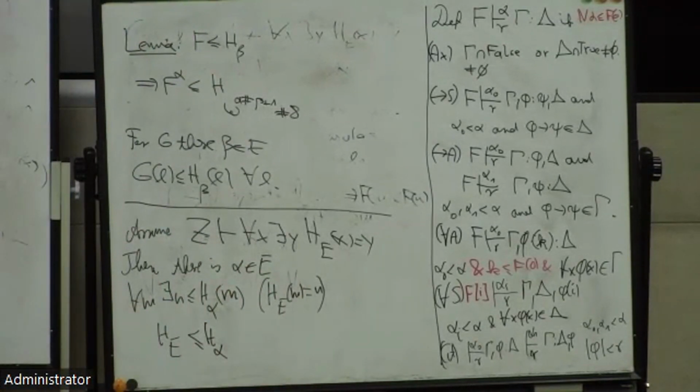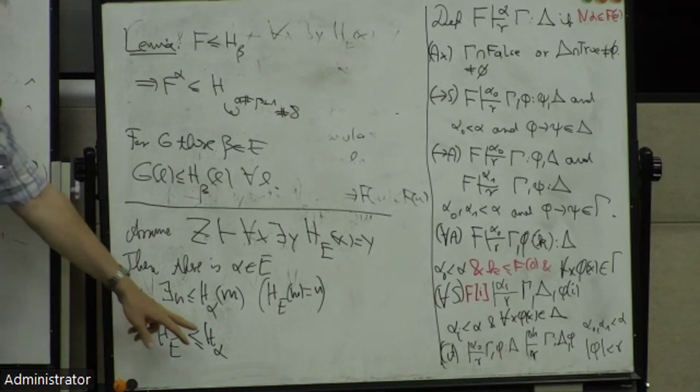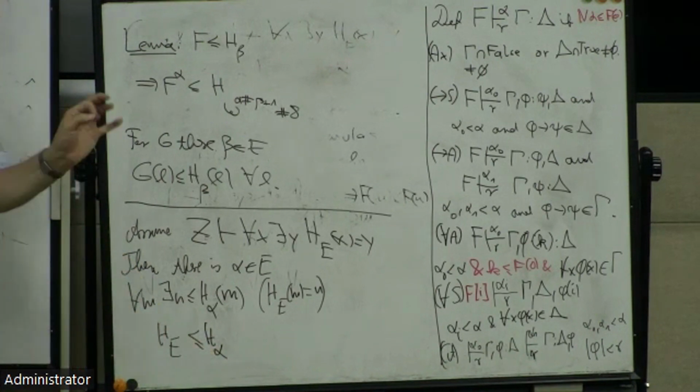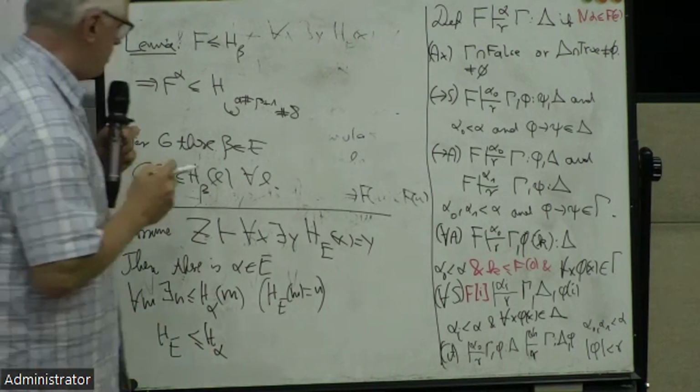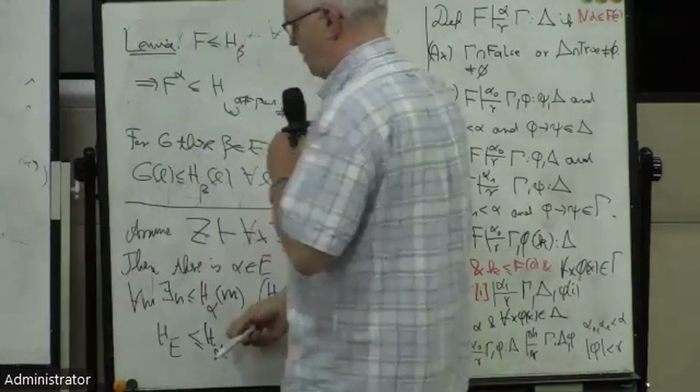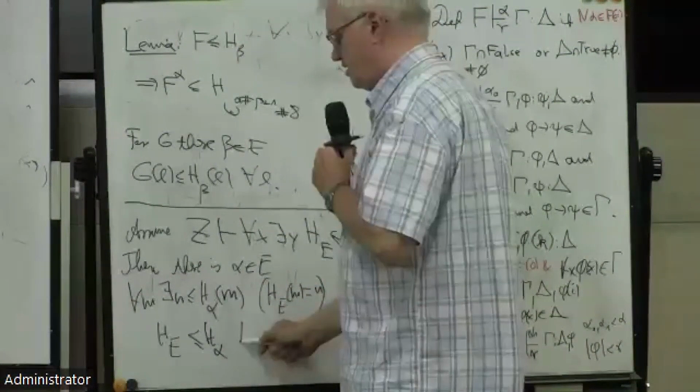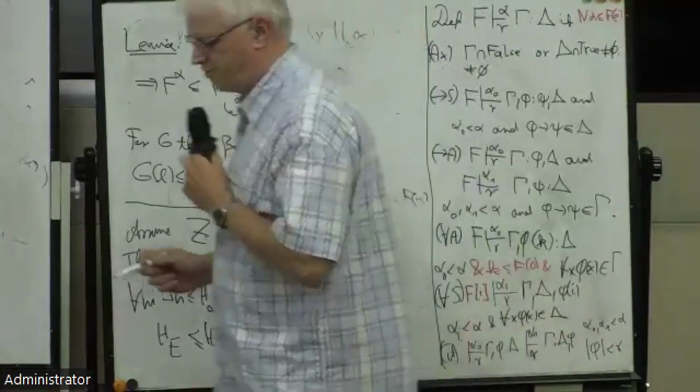Now H E stands for the tower of exponentials of unbounded height. H alpha is dominated by a tower of exponentials of finite height. So an easy induction or easy verification shows that this is impossible.